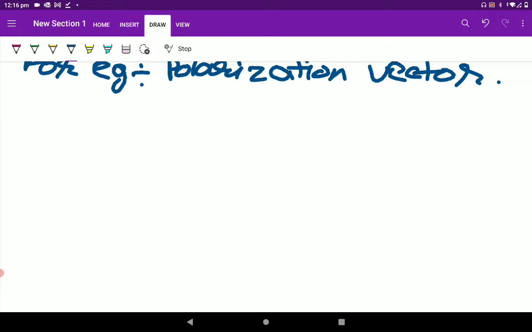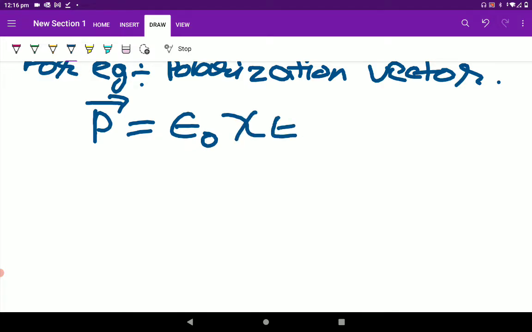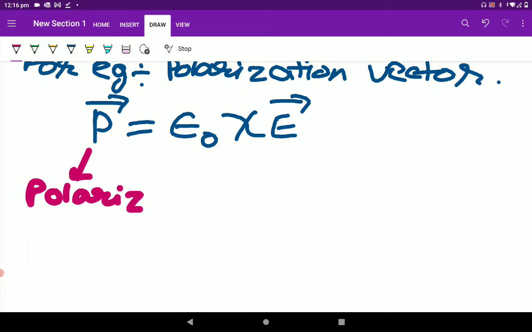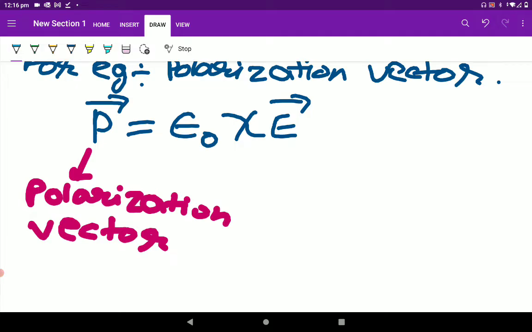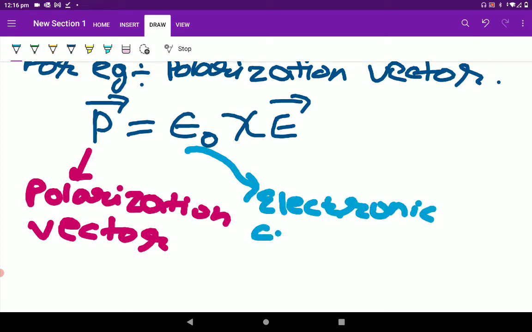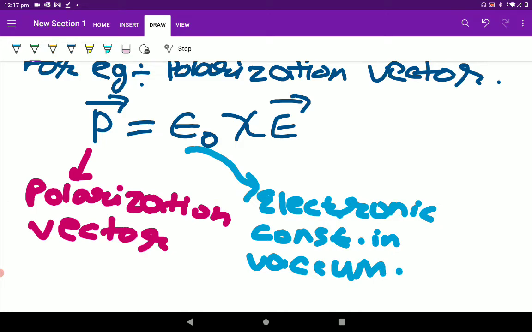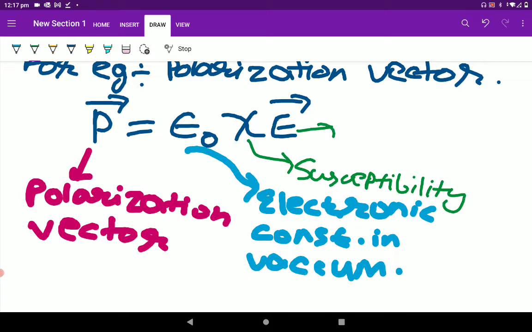So the polarization vector can be represented by this equation: P vector is the polarization vector, this is the electric constant in a vacuum, this is the susceptibility, and this is the applied electric field.